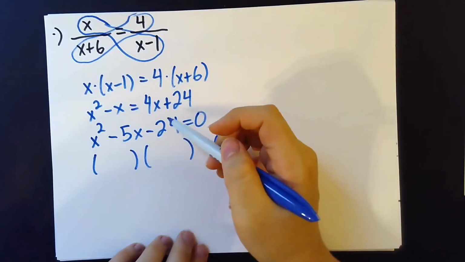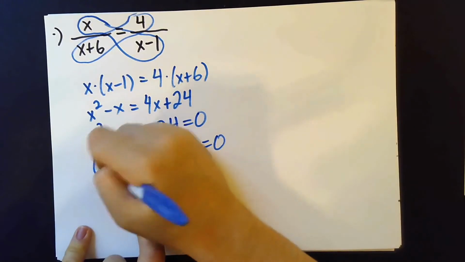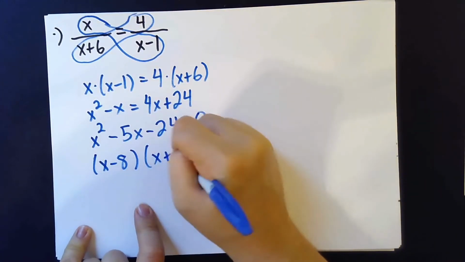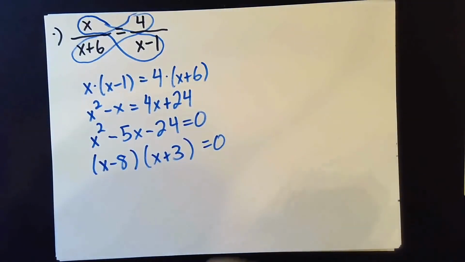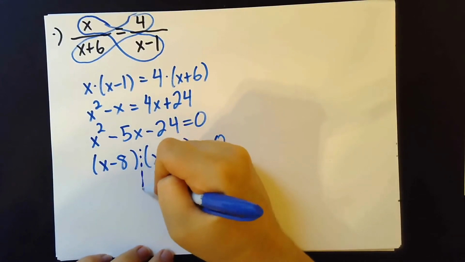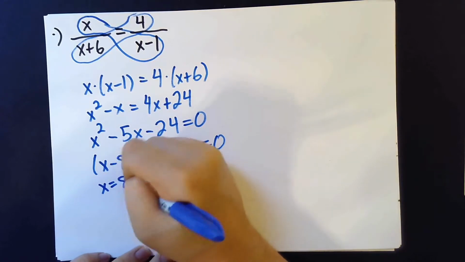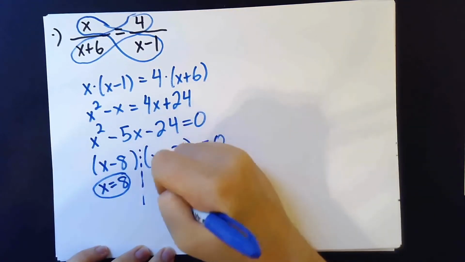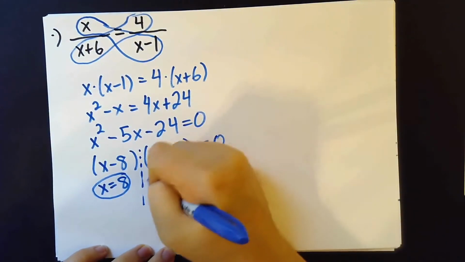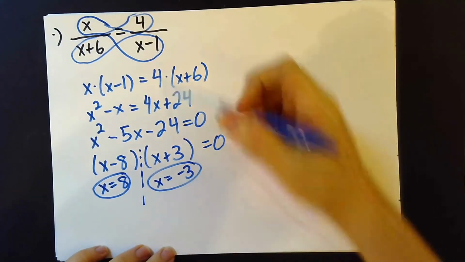And so this will work out to be (x minus 8) times (x plus 3) equals 0. I again split into these two halves, and I'll get x equals 8 and x equals minus 3 as my two solutions to this equation.